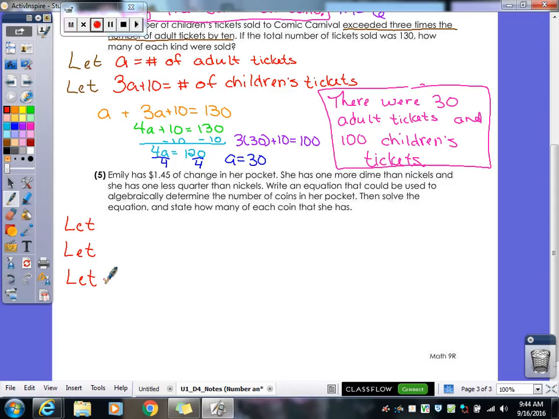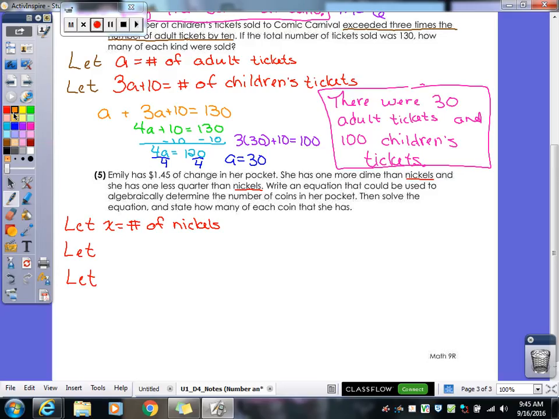So we have to figure out which one is our X, which one's going to be on its own. So it says she has 1 more dime than nickels and 1 less quarter than nickels. So both dimes and quarters are compared to nickels. So I got to say let X equal number of nickels. So if she has 1 more dime than nickels, what would I use for my dimes?